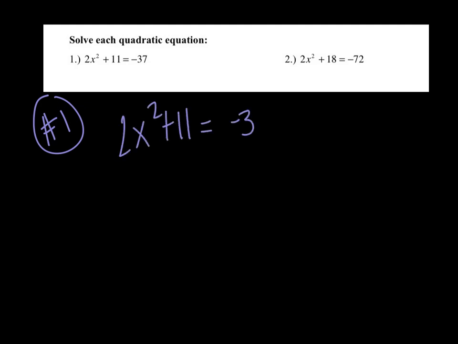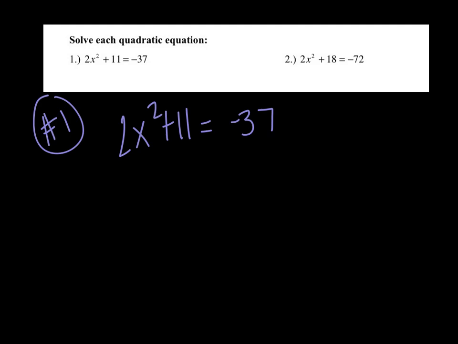So how do we actually solve an equation with an imaginary solution? So we're saying we have an equation that came from somewhere, and its solution doesn't have a real number value. It's an imaginary solution. So how do we solve for that? So if we look at number 1, here it says 2x squared plus 11 equals -37.